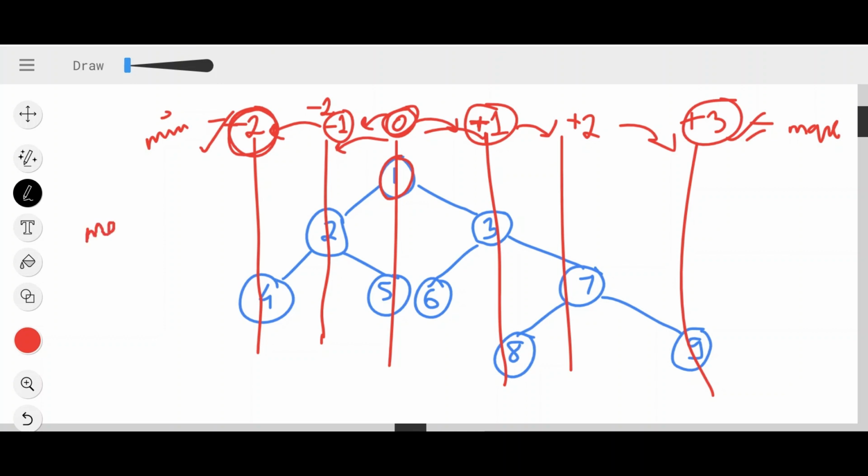At the end, when you return your answer, simply do max minus min. Your max is the maximum line number and min is the minimum line number. When you do max minus min, what are you getting? Your max is 3 minus the min. Min was -2, so if you subtract -2, this becomes +2. So from here, you are getting 5.